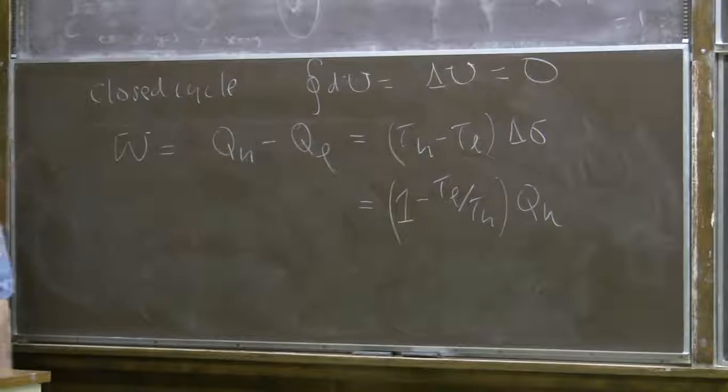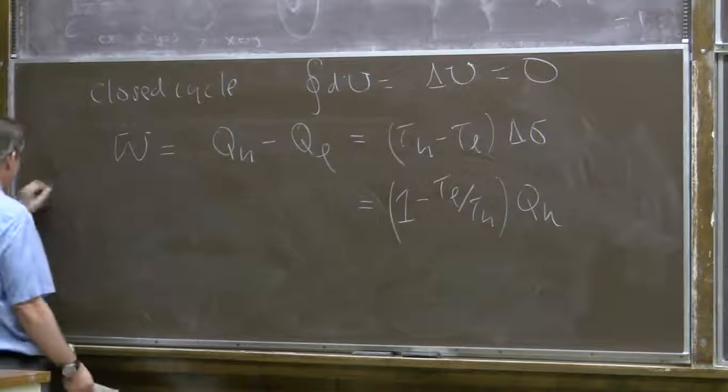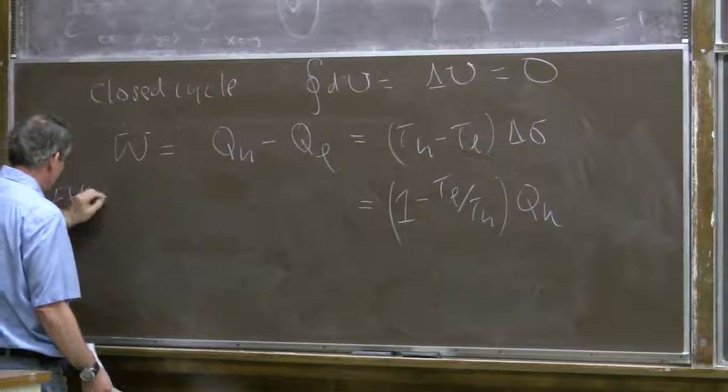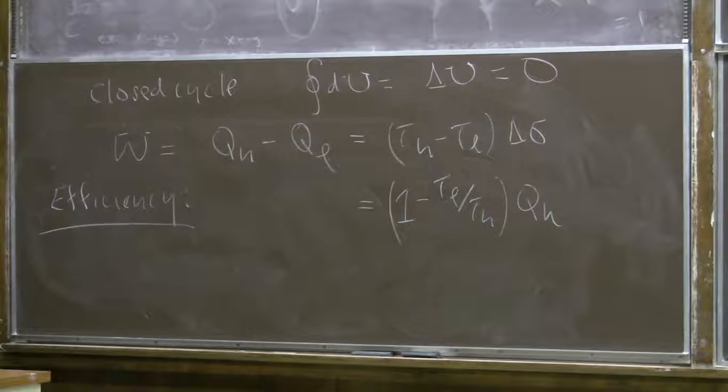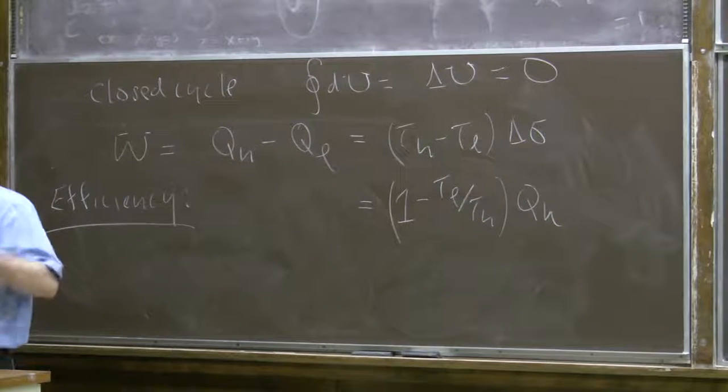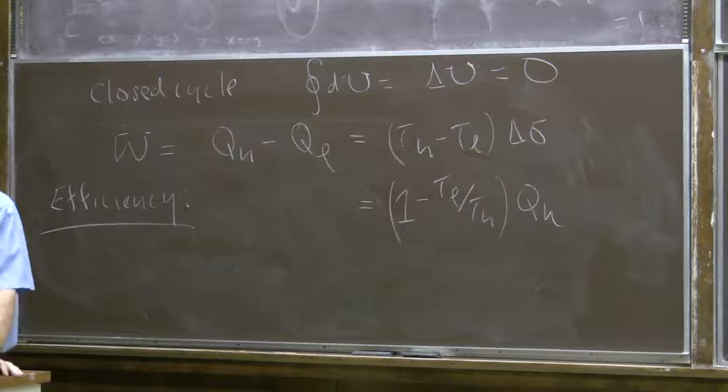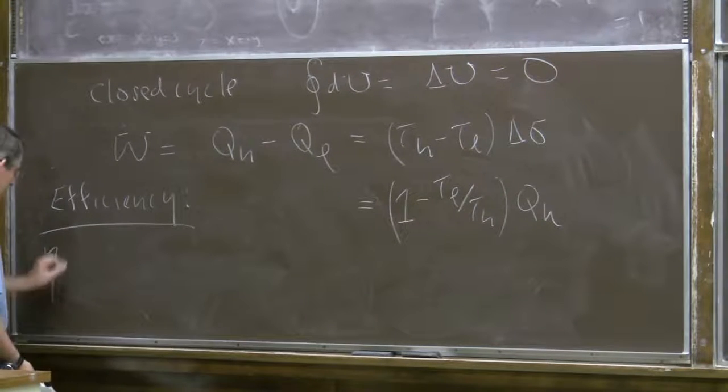Now we may define the efficiency of our cycle, of our heat engine, as the fraction of the heat that it takes in that it's able to convert to useful work. I'll call it eta.